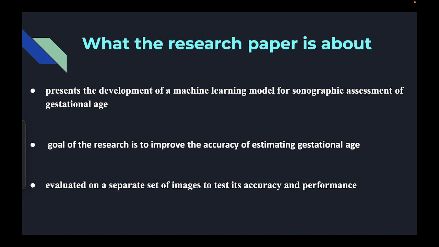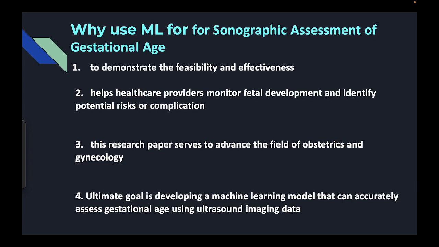The model was then evaluated on a separate set of images to test its accuracy and performance. The results showed that the machine learning model was able to accurately estimate gestational age with a high degree of precision, outperforming traditional methods of ultrasound measurement.